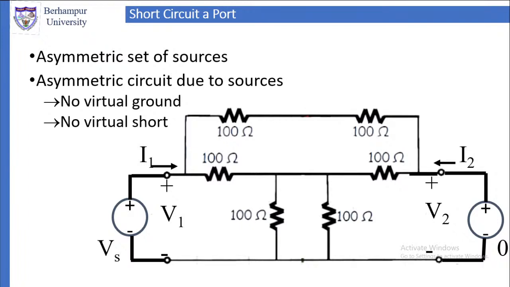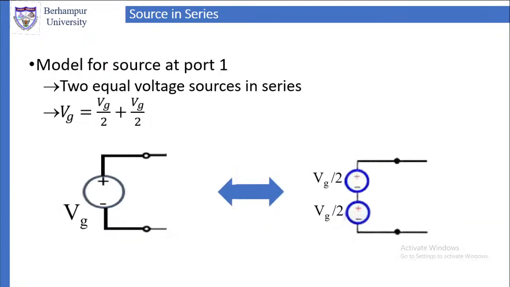So the sources are asymmetric, and because of the sources, this circuit has become asymmetric. You can see that there is no virtual ground and no virtual short circuit in this circuit.